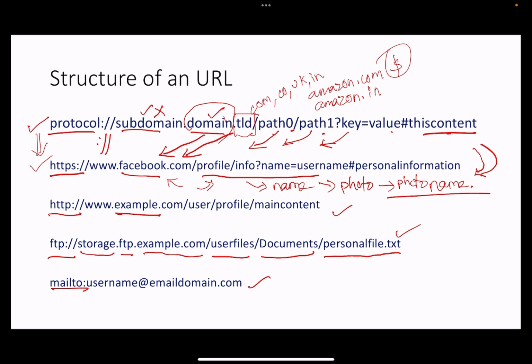If you want to access personal file.txt, then we need to do these steps. That's why everything is in the short form of the URL. So if we paste this in the browser, we can access this personal file.txt.